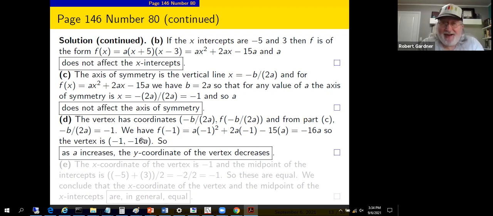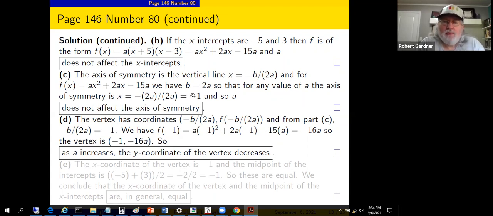For the first time, it's got an a in it. In these weird questions, they've asked us about how a affects things. So as a increases, the y coordinate of the vertex increases, or sorry, decreases because of the negative sign. As a is a bigger and bigger positive number, -16a is a bigger and bigger negative number. So there's one way to express it. But definitely a does affect the y coordinate of the vertex.